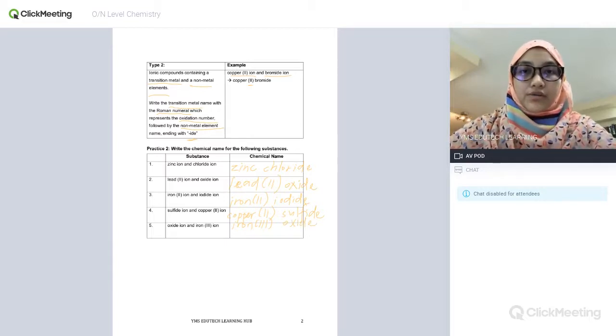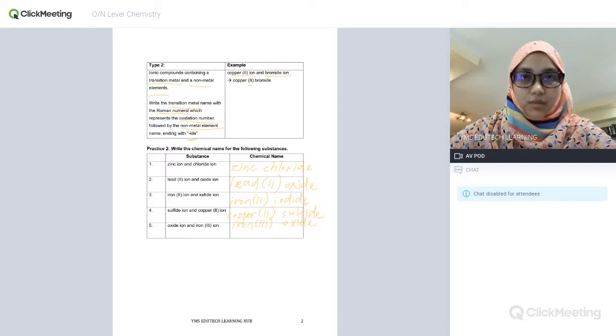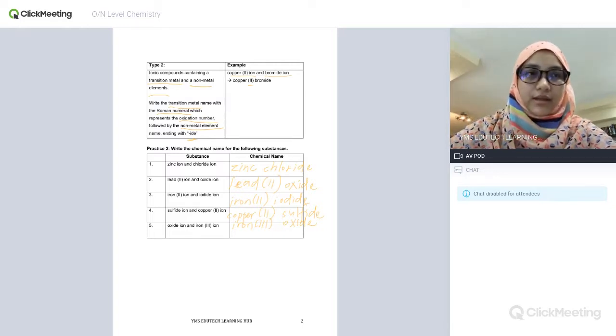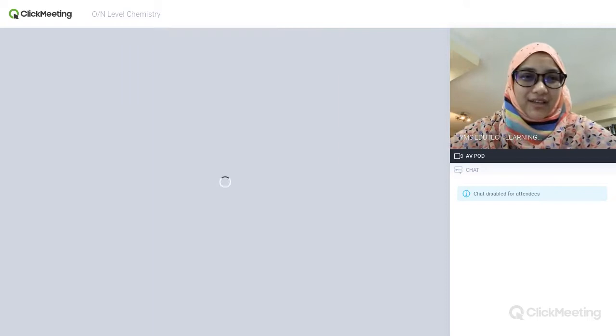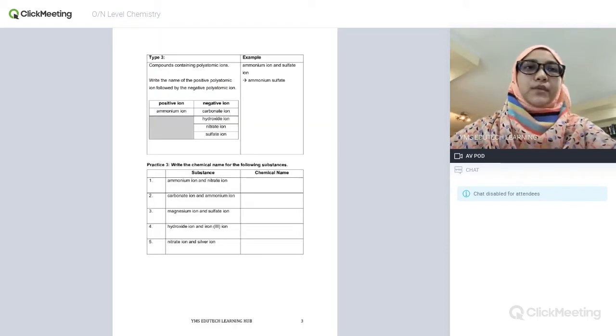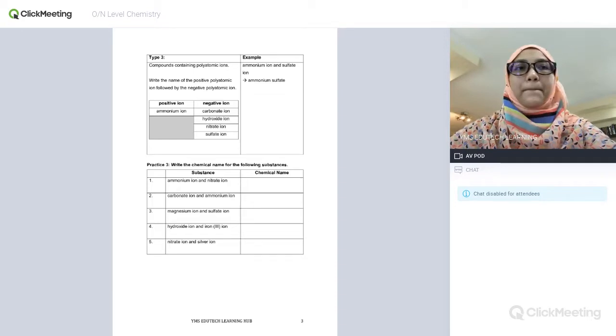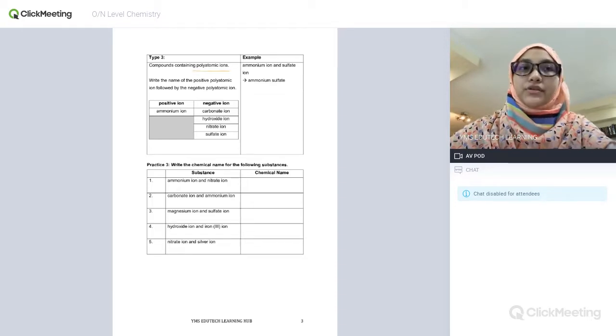Okay. So type 2 involves transition metal, which has to be accompanied with its oxidation number, followed by the non-metal element, and the non-metal element has to be ended with "ide." Okay, let's look at the last type, which is type 3. In type 3, we are dealing with compounds which contain polyatomic ions.